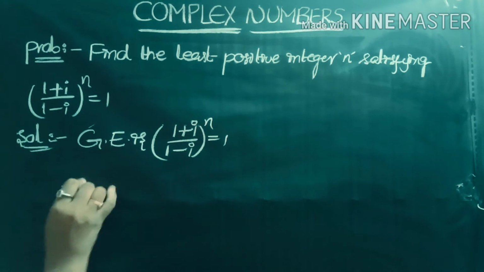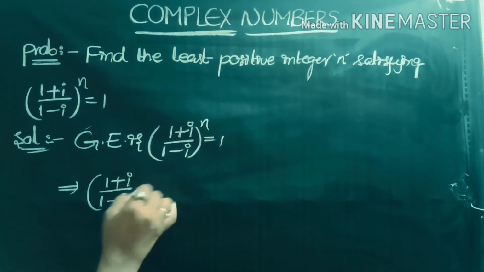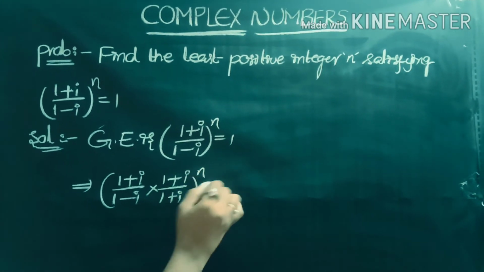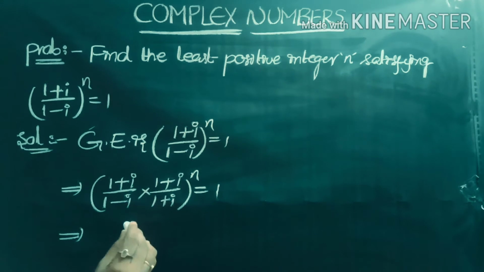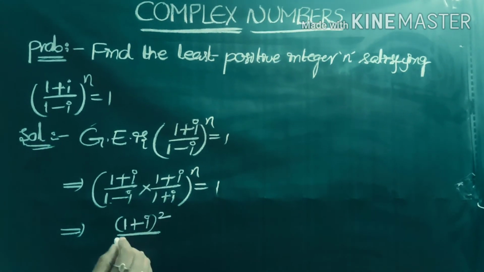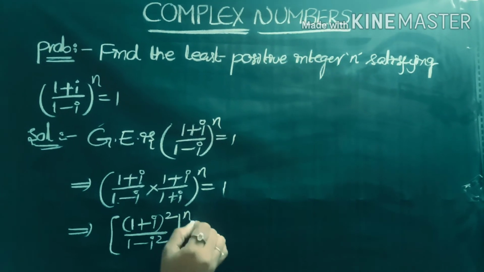Now taking the rationalization, that is (1 + i)/(1 - i) into (1 + i)/(1 + i), whole power n is equal to 1, that is (1 + i)² by (1 - i)(1 + i), (1 - i²), whole power n is equal to 1.